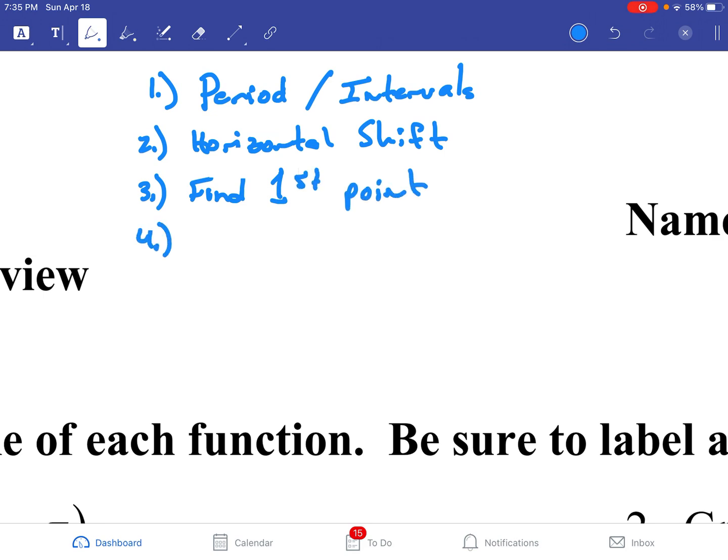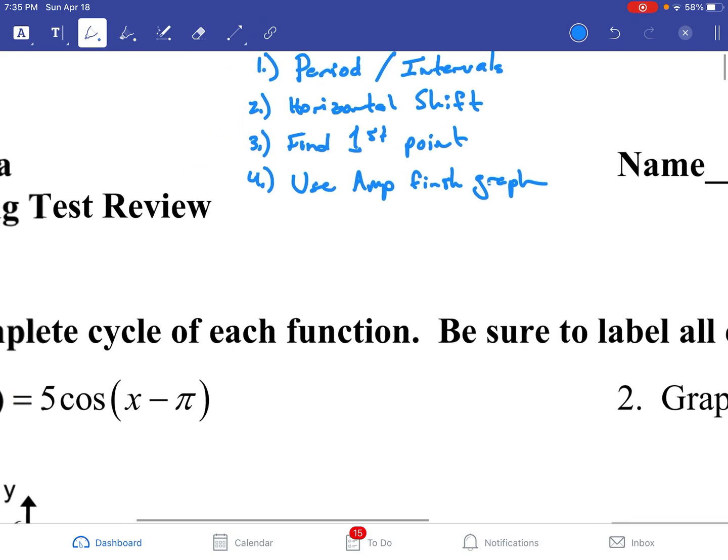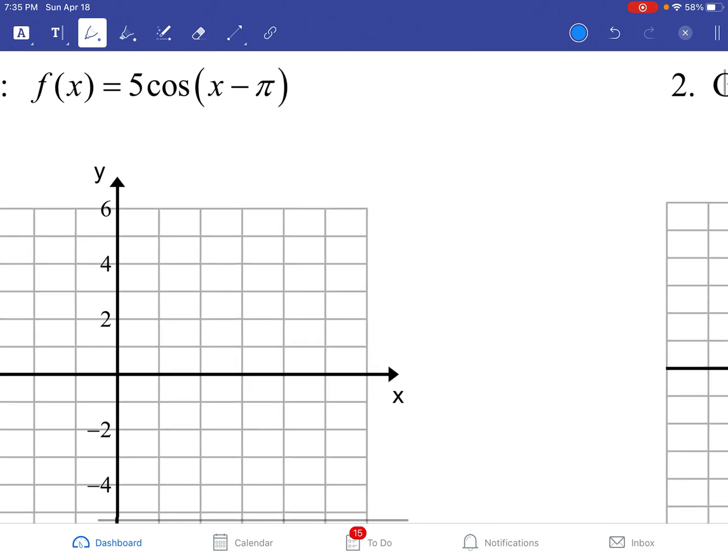Step 4, use the amplitude to finish the graph. Okay, those are the steps you should have to graph all these equations. They work for each one. It's a little bit different for tangent and cotangent, but it still applies. So here we go.